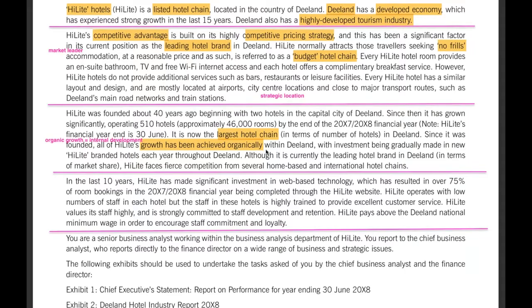So what happened here is that, okay, with the investment being gradually made in new Highlight branded hotels each year throughout Dillon, although it is currently the leading hotel brand in Dillon, okay, in terms of the market share, here it says that they are also facing fierce competition from whom? Home-based and international hotel chains.